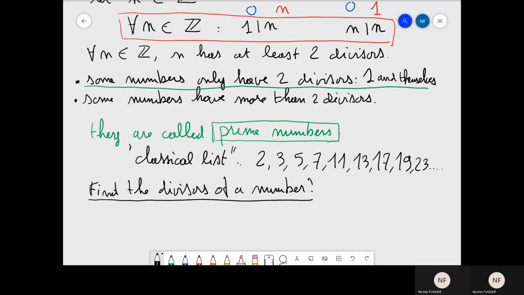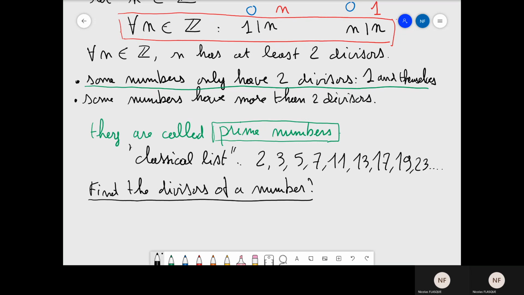As the number increases, it gets very hard, and if the number is very huge, it's nearly impossible to find its divisors if the number has few divisors. I'll talk about this later about RSA, the RSA crypto system, where the fact that finding the divisors of a number is not an easy task is used, and fortunately it's not an easy task.